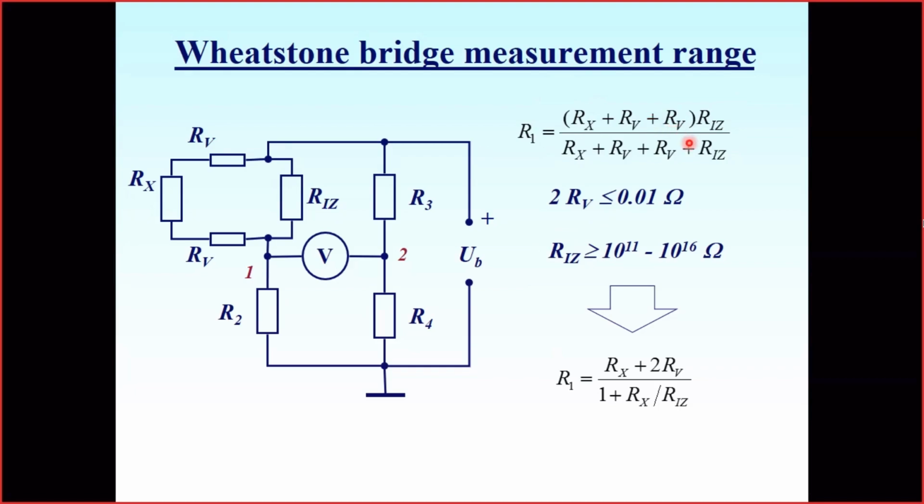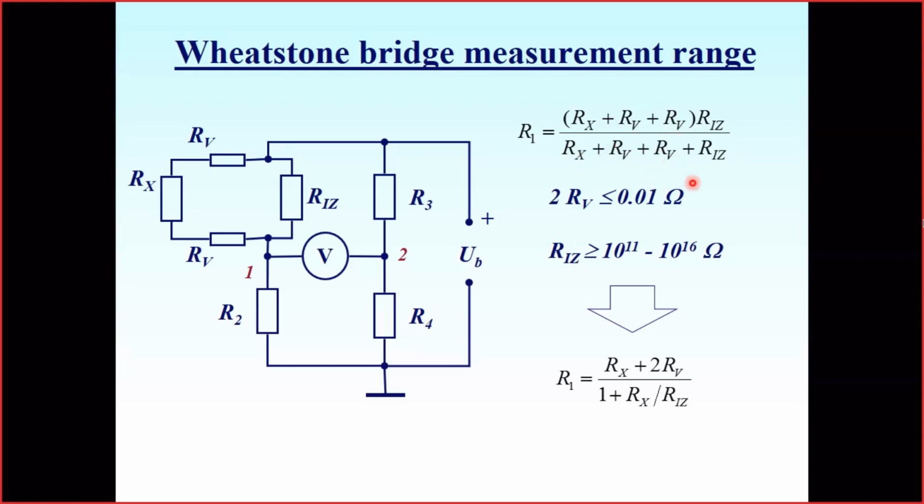So we divide by R isolation. When I divide by R isolation in the denominator, I keep only the member where R isolated divided by R isolated, giving me 1, and I keep the member Rx divided by R isolated, because I wish to evaluate how the value of Rx may change the accuracy of measurement.